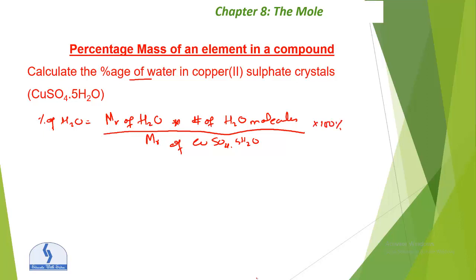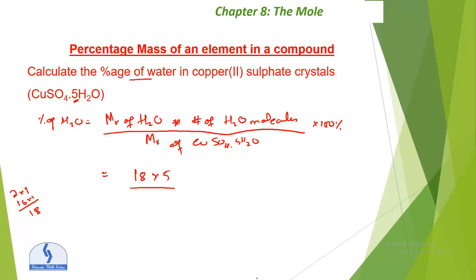So what is the Mr of water? That is 18, that is 2 plus 16, which is equal to 18. And multiply by the number of water molecules. You know this. This is 5, that is given in the formula. The whole divided by Mr.